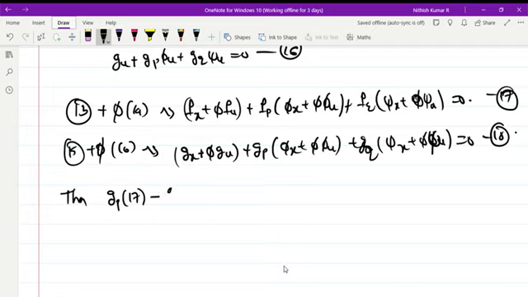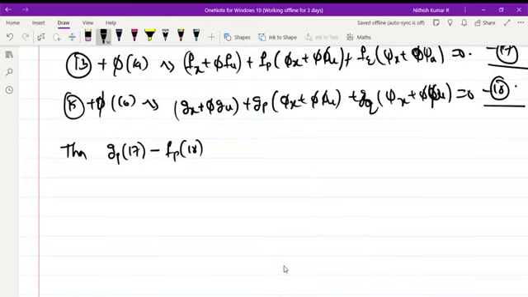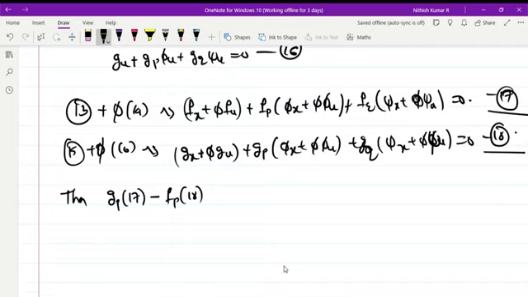Similarly, equation 15 plus 5 into equation 16 gives gx plus 5 into gu plus gp into phi x plus phi u plus gq into xi x plus phi into xi u equal to 0.